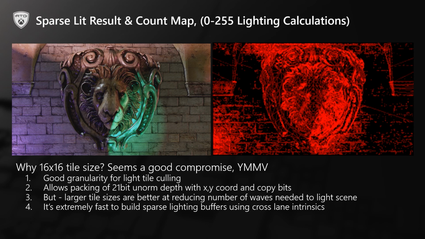Larger sizes are better in that for every 16 by 16 tile, the chances are that you're going to have one partially filled compute shader wave that we don't need every thread to be active. So the larger the tile size, the less of these partially filled waves we're going to have. So it is a trade-off.